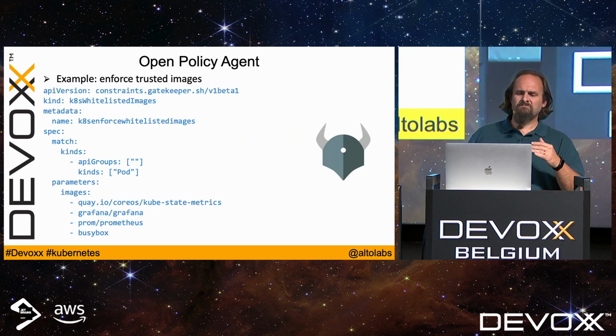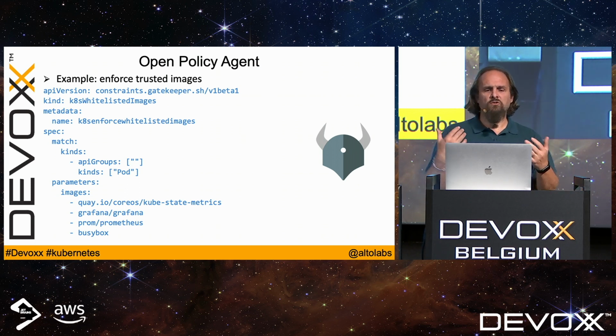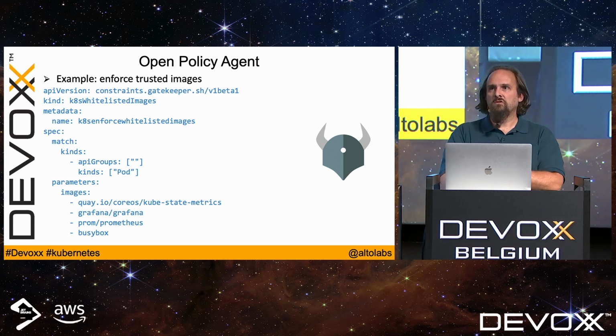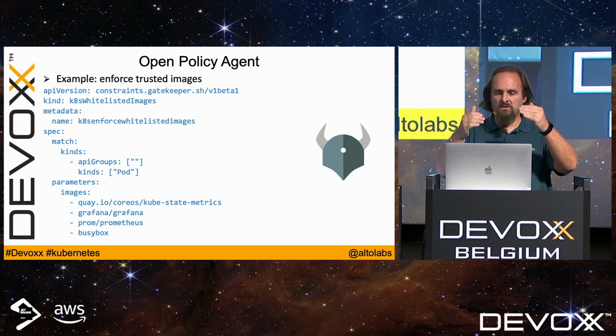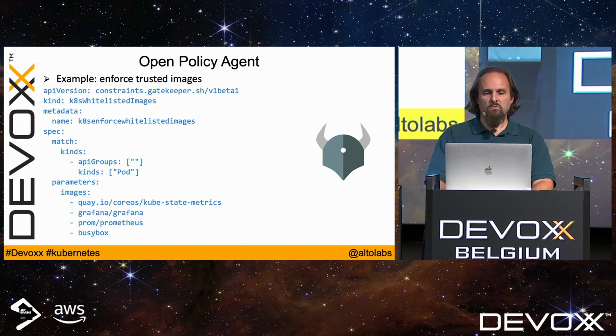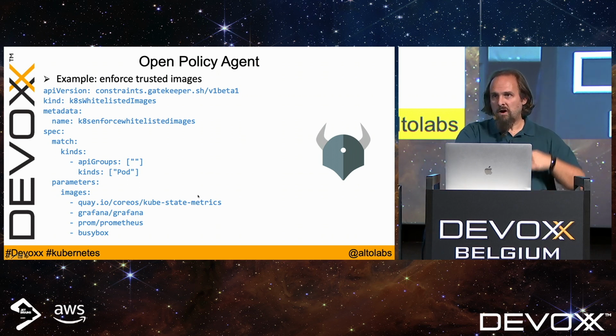Let's look at a simple example. Let's say you want to enforce trusted images. You want to say, I want to allow on my cluster only those images. Well, after installing OPA and doing all the configuration, we can add a new constraint like this one, where basically we will allow only those 4 images at the bottom.